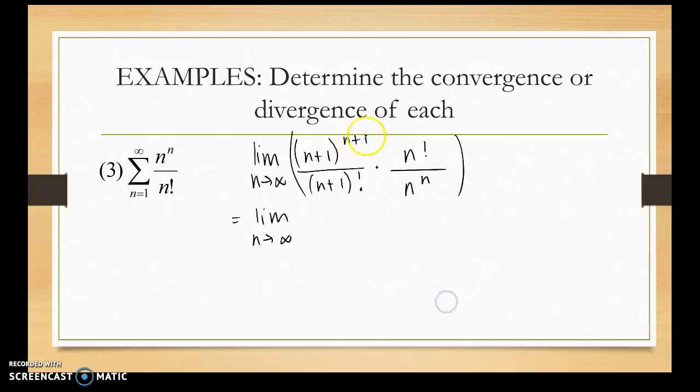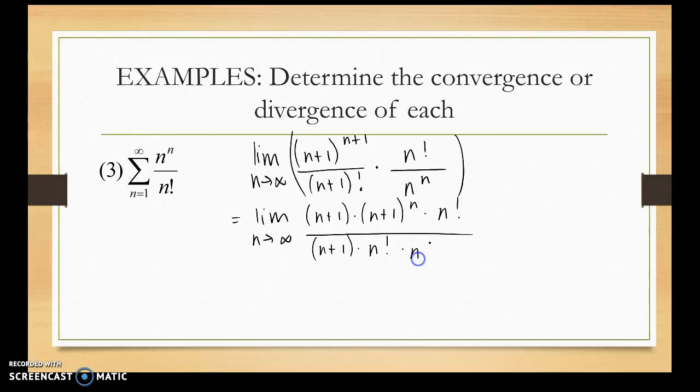And now I'm going to break up this exponent, so it'll be n plus 1 to the first times n plus 1 to the n, expanding this factorial, n plus 1 times n factorial times n to the n. All right, n plus 1's cancel, n factorials cancel.